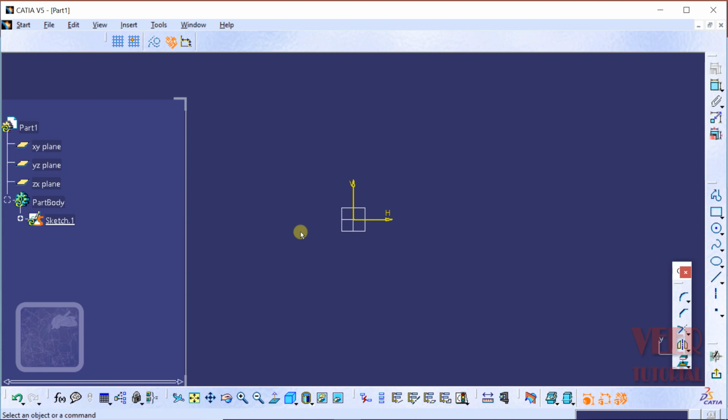Hello friends, in this lecture we will know about a very important concept of constraint. So in CATIA we have two types of constraint. One is called geometric constraint and the second is called dimensional constraint. Geometric constraints are those constraints that are related to the geometry of the sketch.